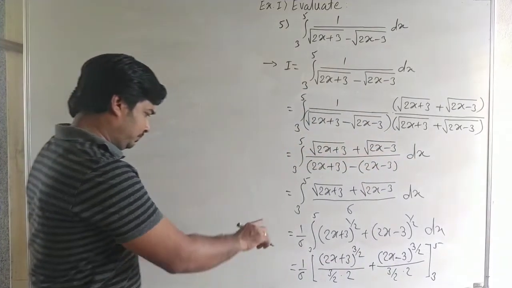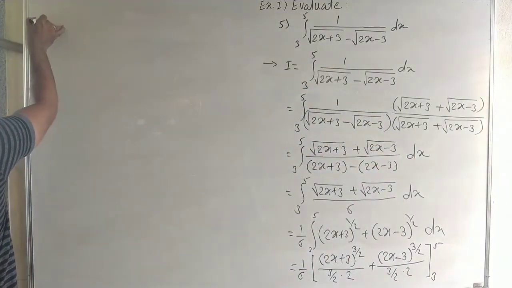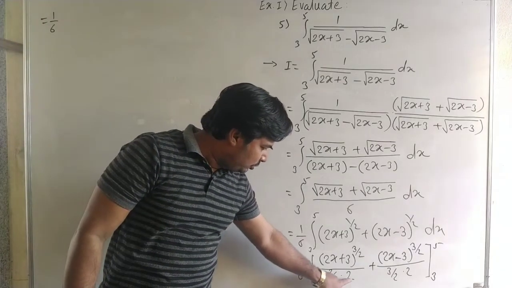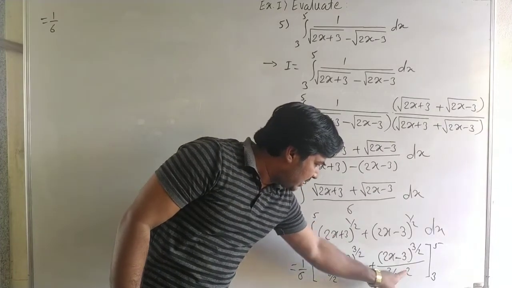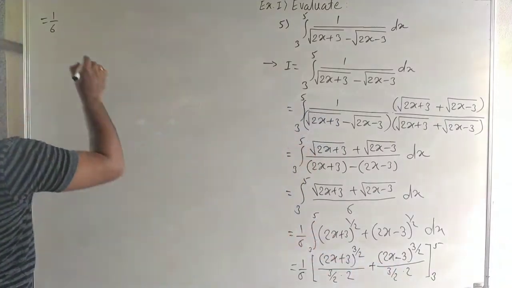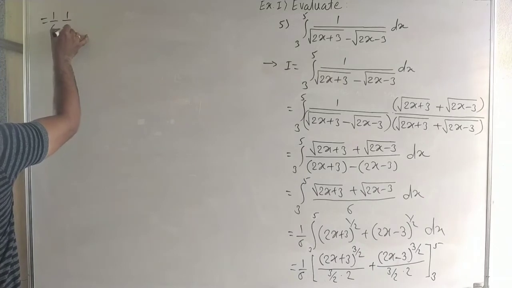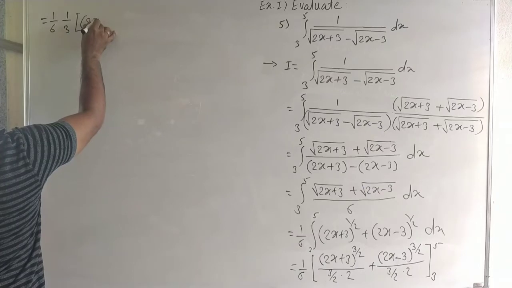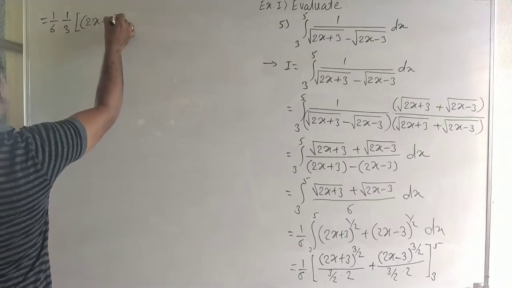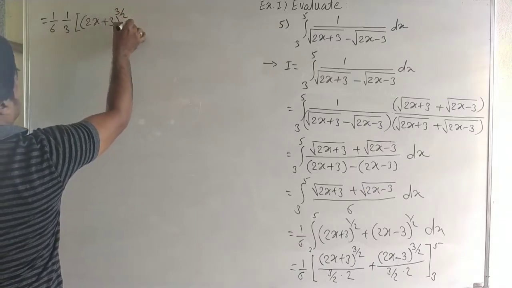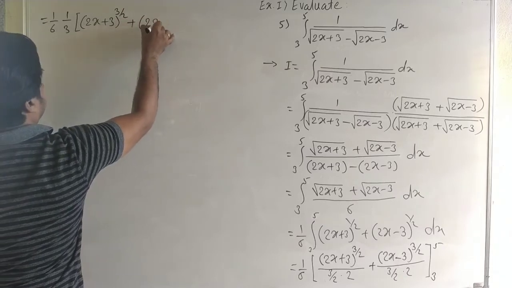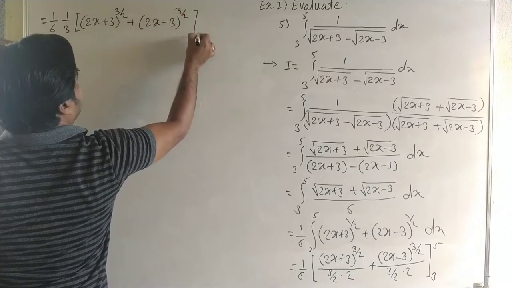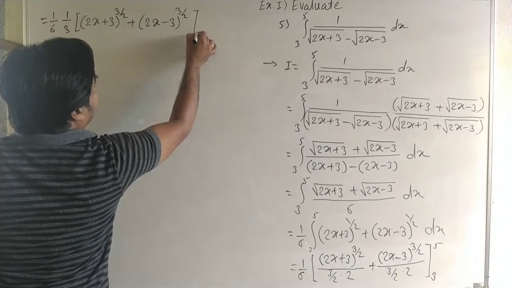Now 1 by 6 into, here 2 gets cancelled, here 3, so we can take common 1 by 3. In the limit, 2x plus 3 to the power 3 by 2 plus 2x minus 3 to the power 3 by 2, and the limit is 3 to 5.